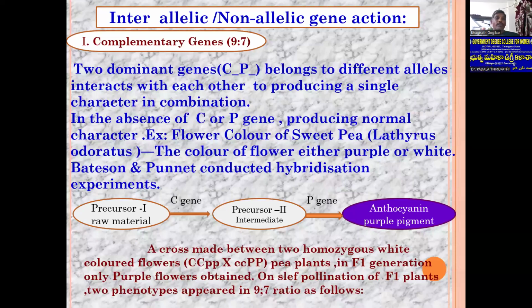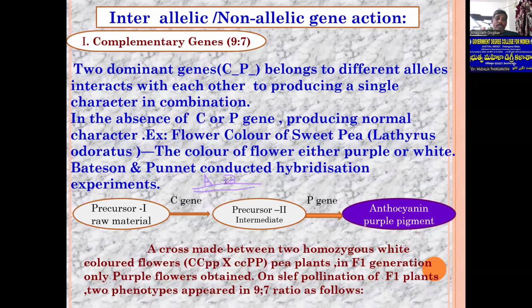So for example, this is a chromosome, which contains homologous chromosomes, containing an A gene here and a B gene here.